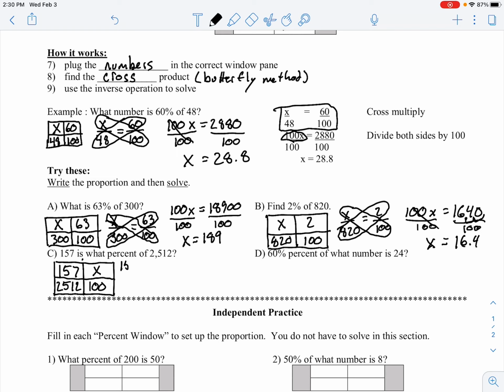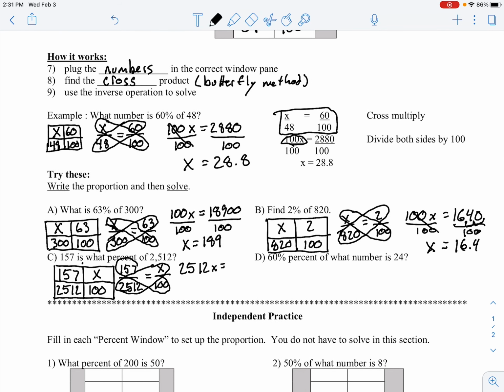So 157 over 2,512 is what percent? All right, so we're still going to do our butterfly method the same way. We just have different ratios set up. So 2,512x is going to be equal to 157 times 100. So 15,700. To solve this, divide by 2,512.